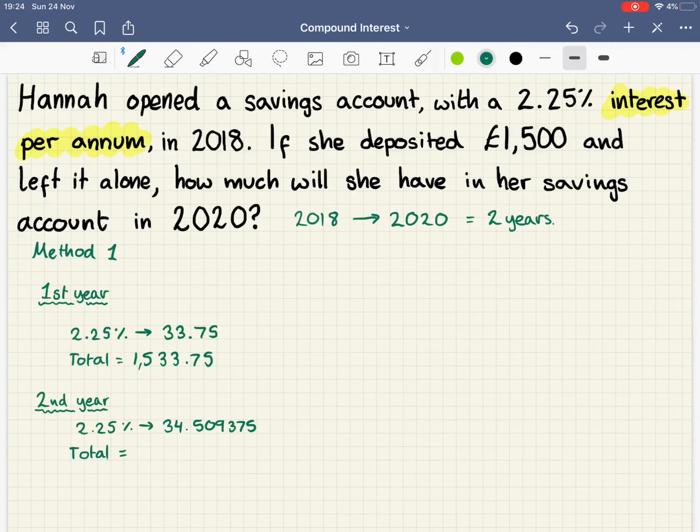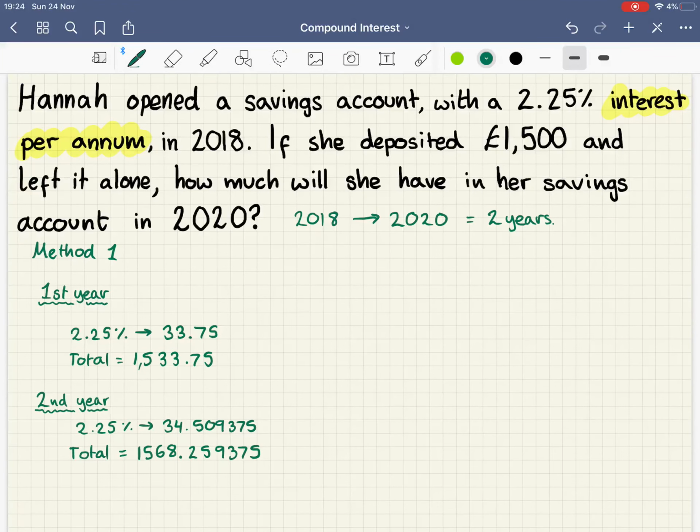Adding it on for your new total to give you £1,568.259375. So I'd read back through the question.